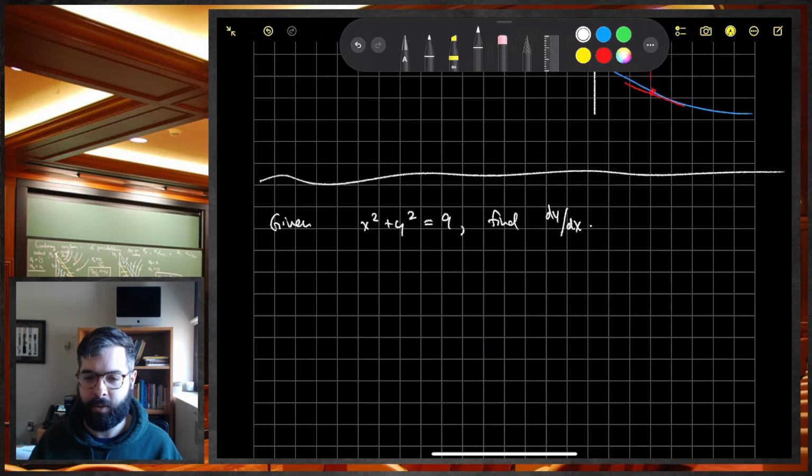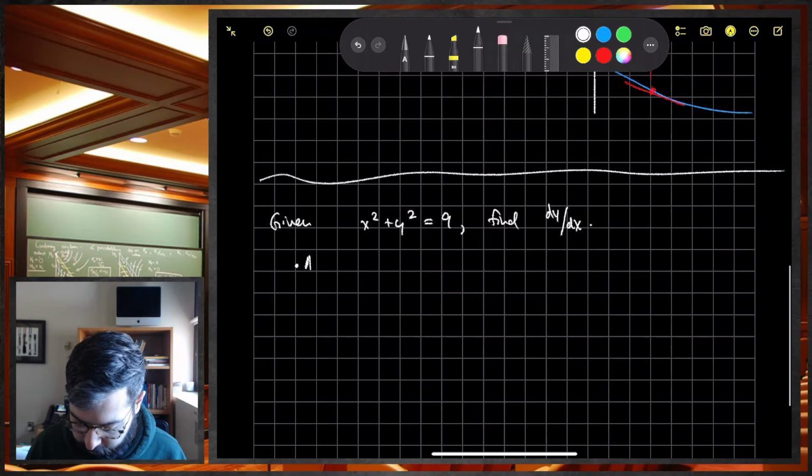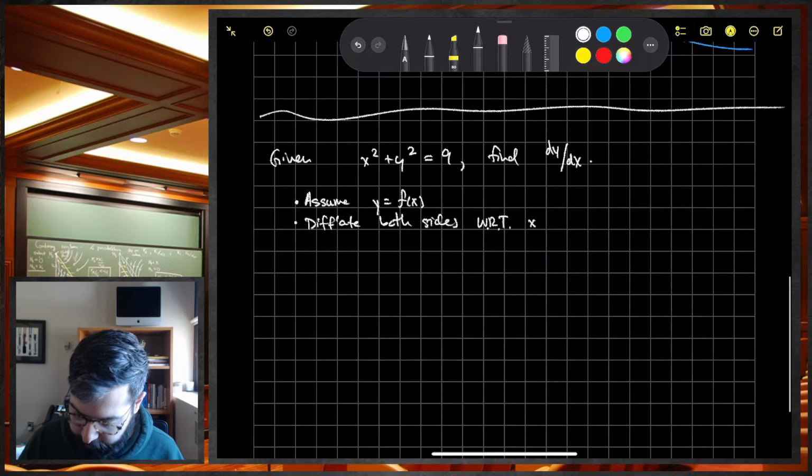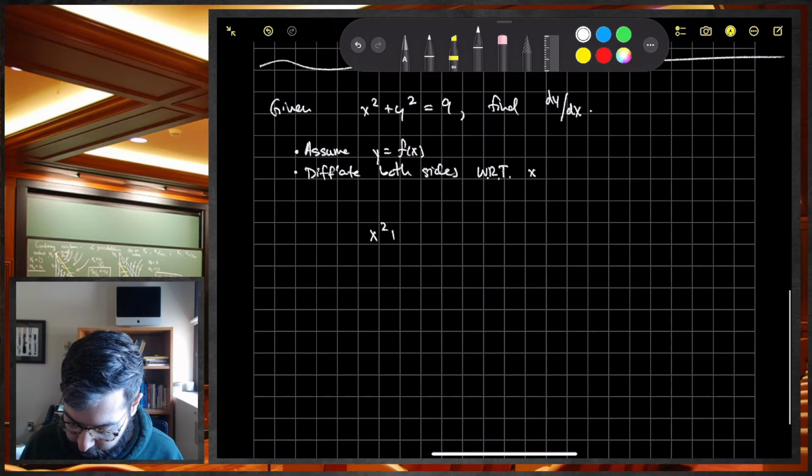So finding dy dx, we'll do what we did before, which is assume y is a function of x, differentiate both sides with respect to x. So we'll take this x squared plus y squared equals 9.